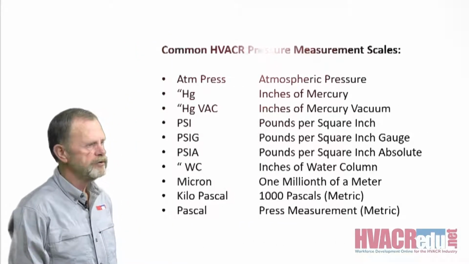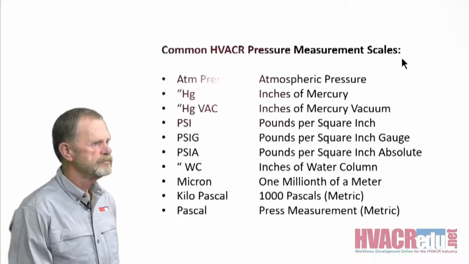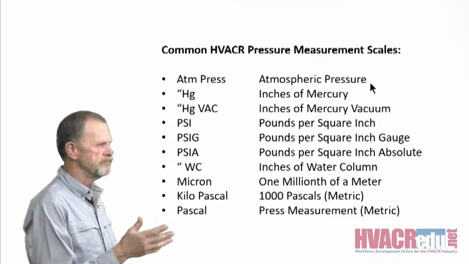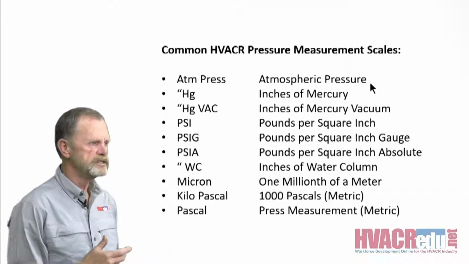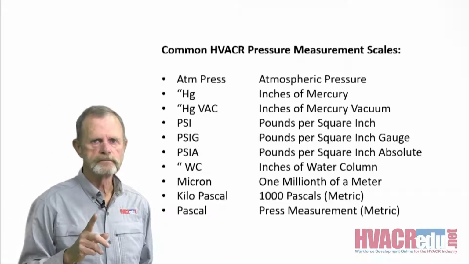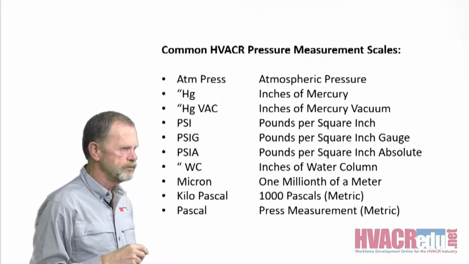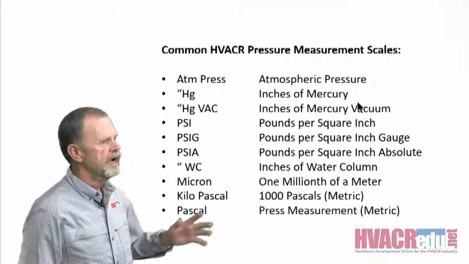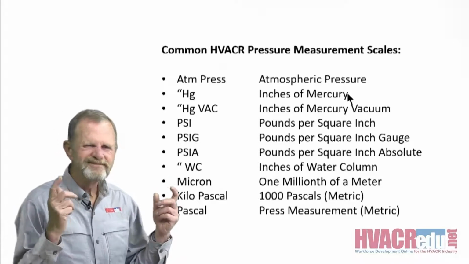Common HVACR pressure measurement scales, and like I said, there's a bunch of them. Atmospheric pressure has a lot to do with combustion, and when we get into a combustion class, you'll understand what's going on with that. Inches of mercury is more of an atmosphere weather kind of thing.